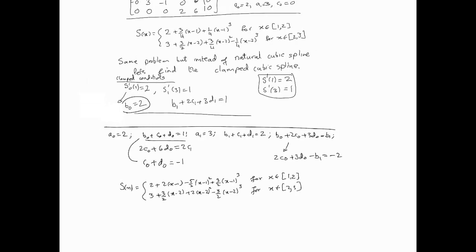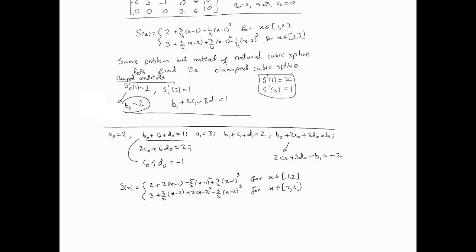The first two terms are the same, 2 and 3 over 2, but this 1/4 has become minus 5 over 2. This is different as well, and there's a cubic appearing here. Here the square term was missing, now it's appearing here, and so on. So you can see the clamped condition gives you a different cubic spline fit.